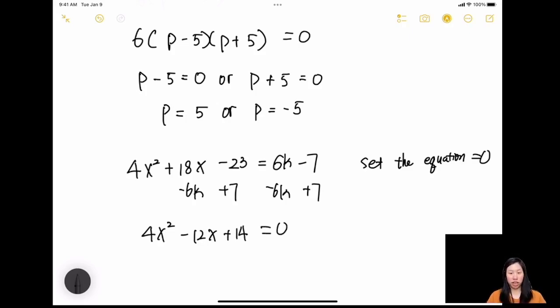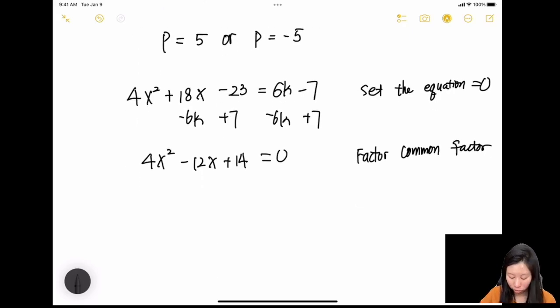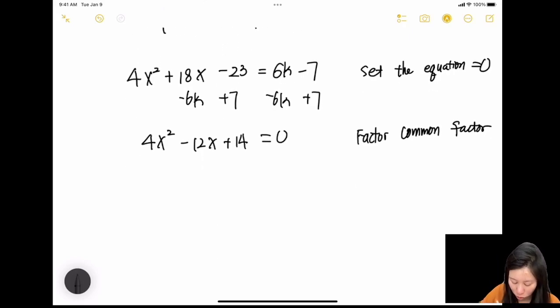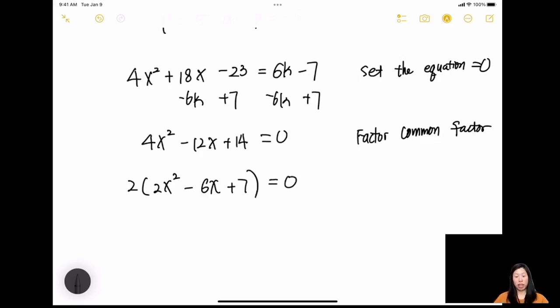Okay, the second step is to factor the common factor. The common factor would be 2, so 2 times 2x squared plus 6x minus 8. There are many ways you can do it.